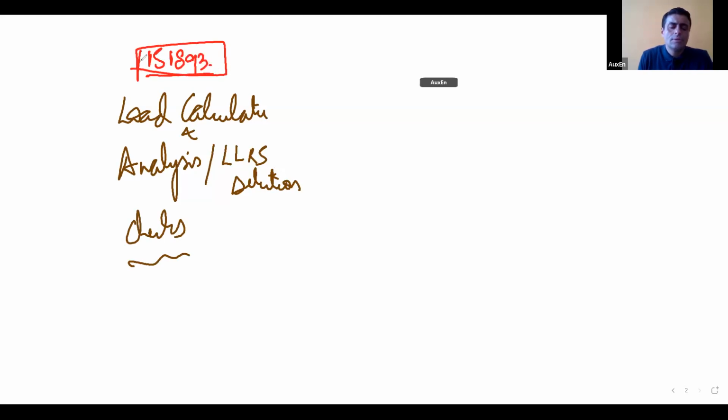Now, once you calculate the load, once the loads are applied, once you analyze the structure as per the requirements, after analysis, what is the next thing that you have to do? Once your structure is analyzed, once you have found out the member forces, moments, shears, whatever, then what is the next thing that you have to do?